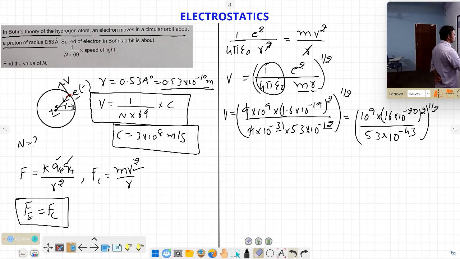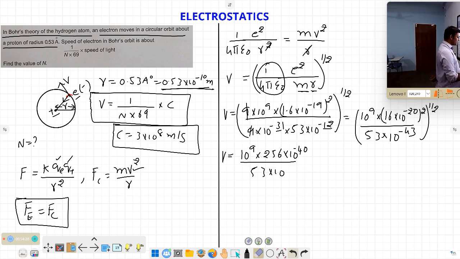Now if you solve this value, how much will you get? Here we can write 10 power 9, into 16 whole square, that is nothing but 256 into 10 power 20 square, that is 10 power minus 40, by 53 into 10 power minus 43.